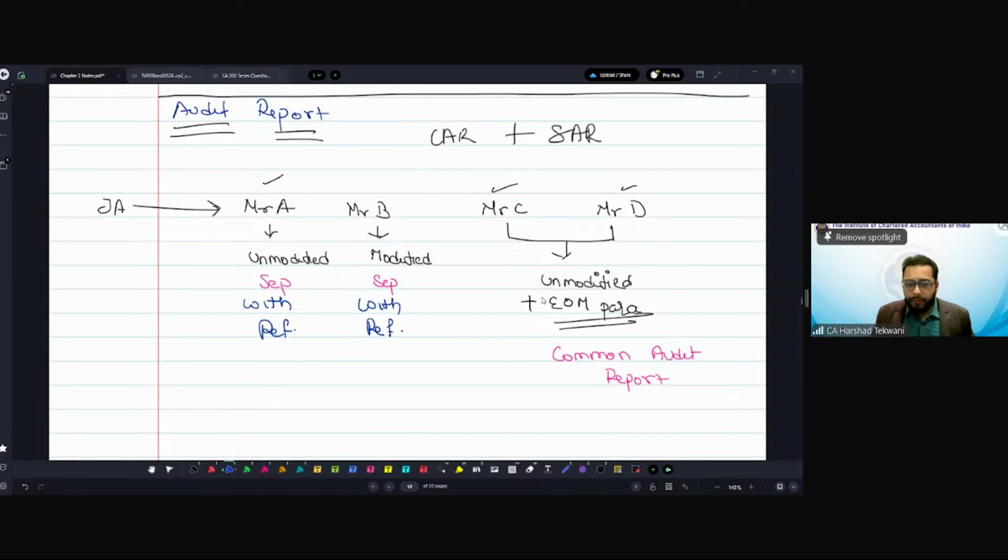There should be a reference that points out that there is a separate audit opinion also, which you should consider.